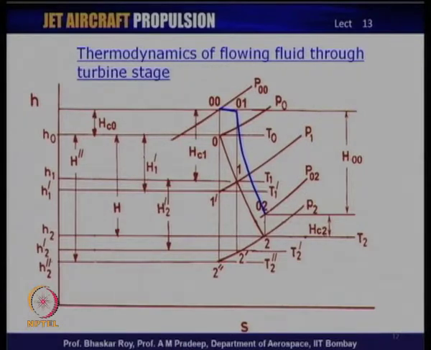So, as you can see here now, it is possible for us to show more or less everything that is happening inside a gas turbine engine, both in terms of thermodynamic process as well as in terms of gas dynamic process. So, the aerodynamics or gas dynamics that is happening is also quite clearly showable over here in terms of thermodynamic parameters.